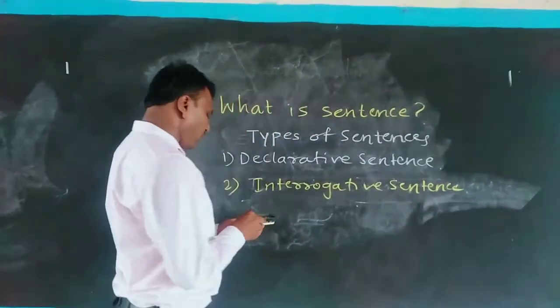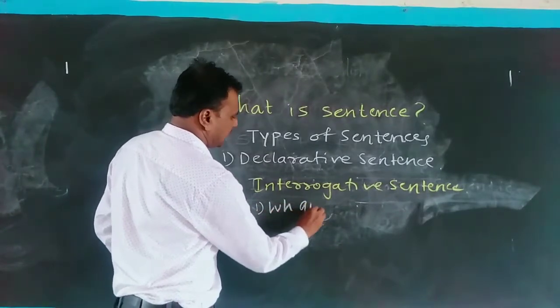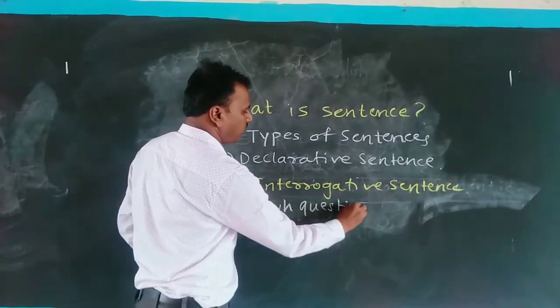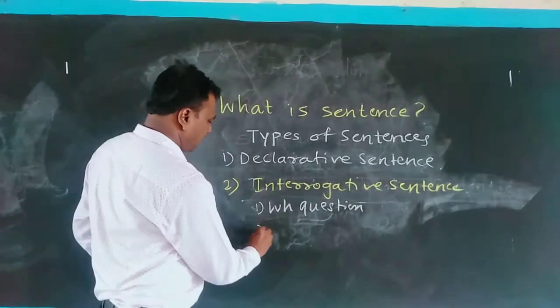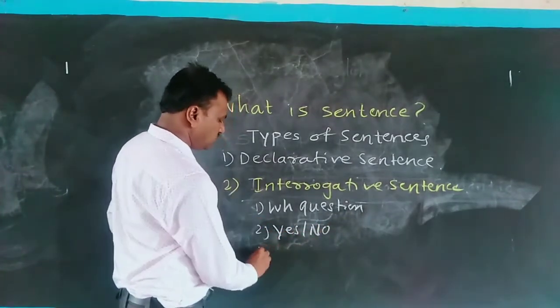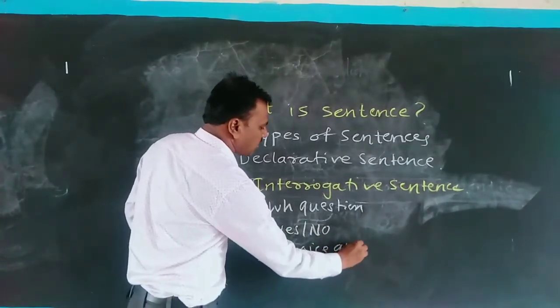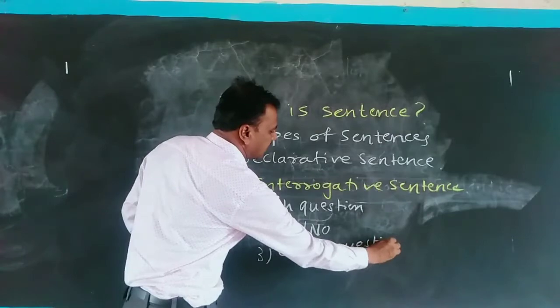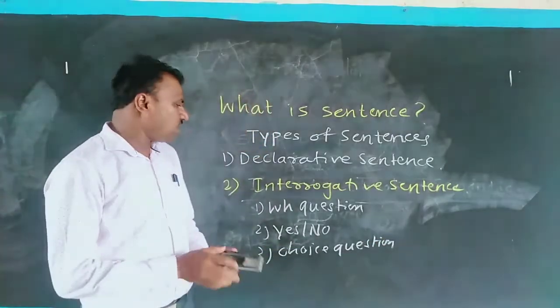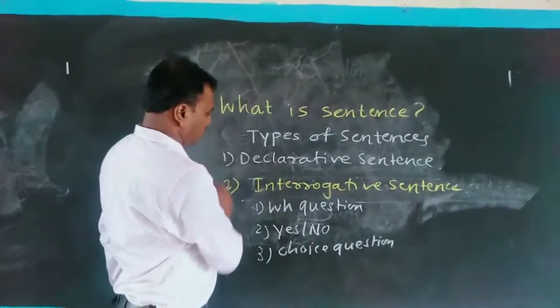The first type is WH questions, the second is yes-no type questions, and the third is choice questions. We will see them one by one. First, in the interrogative, there is the WH question.